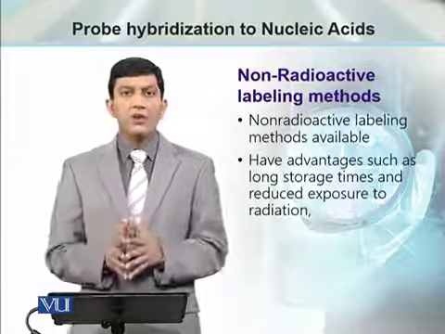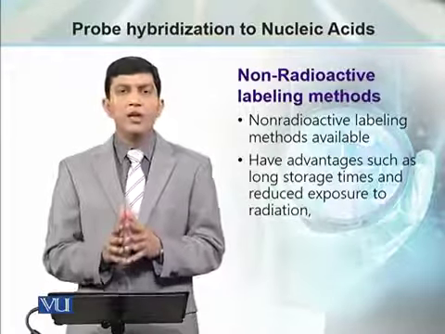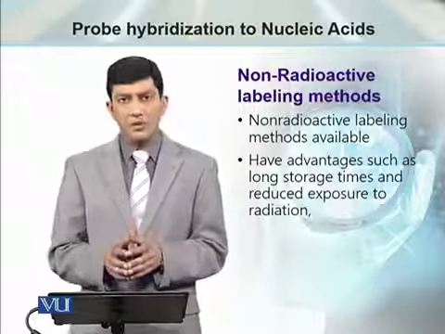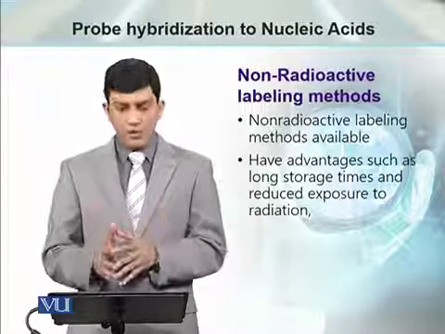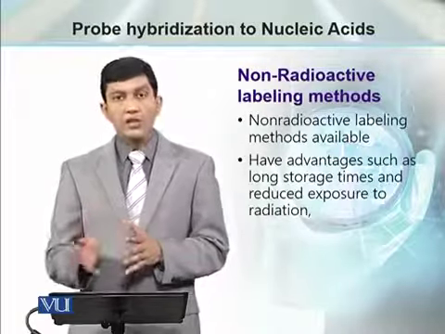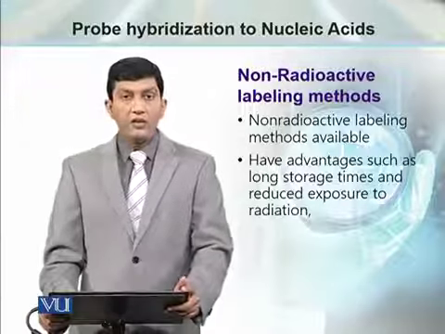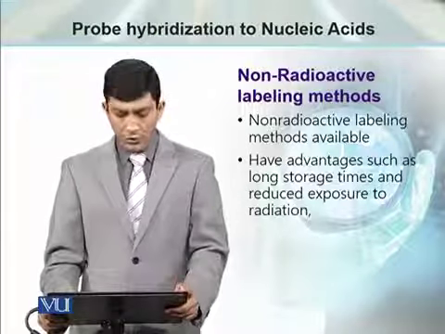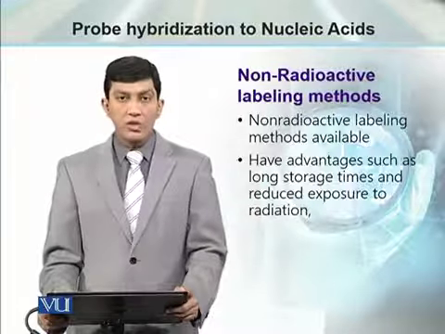Besides these radiolabeled probes, we now have some non-radiolabeled methods available. These non-radiolabeled methods have some plus points or some advantages over the radiolabeled method. For example, they need less exposure time. They have longer storage times.